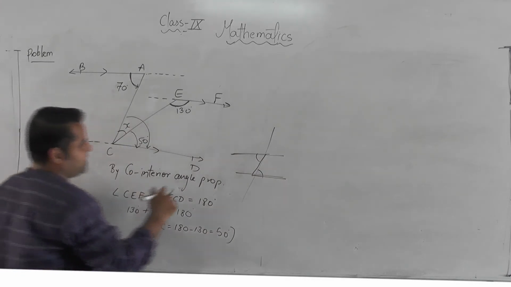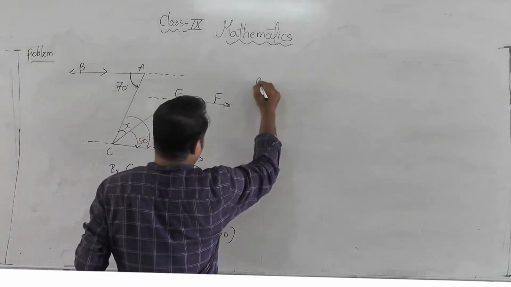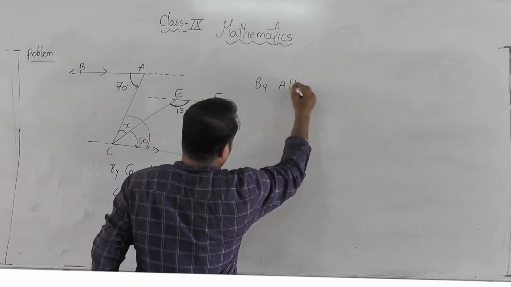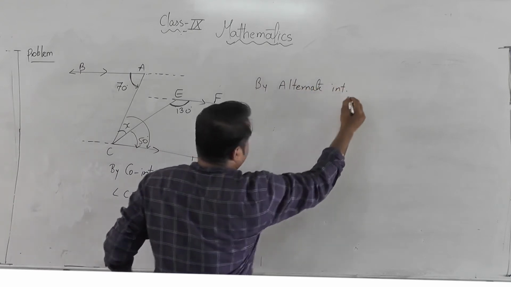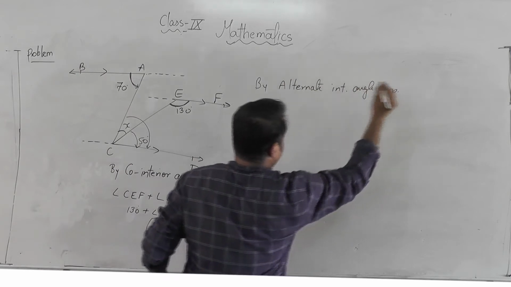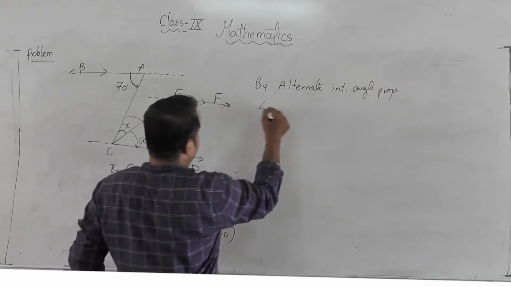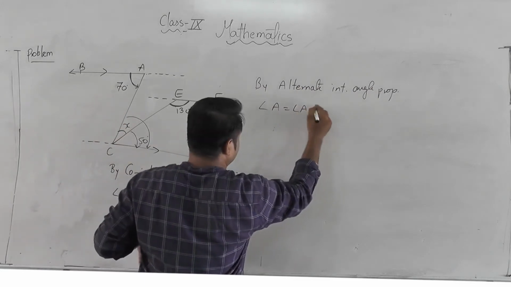So by the alternate interior angle property, angle A is equal to angle ACB.